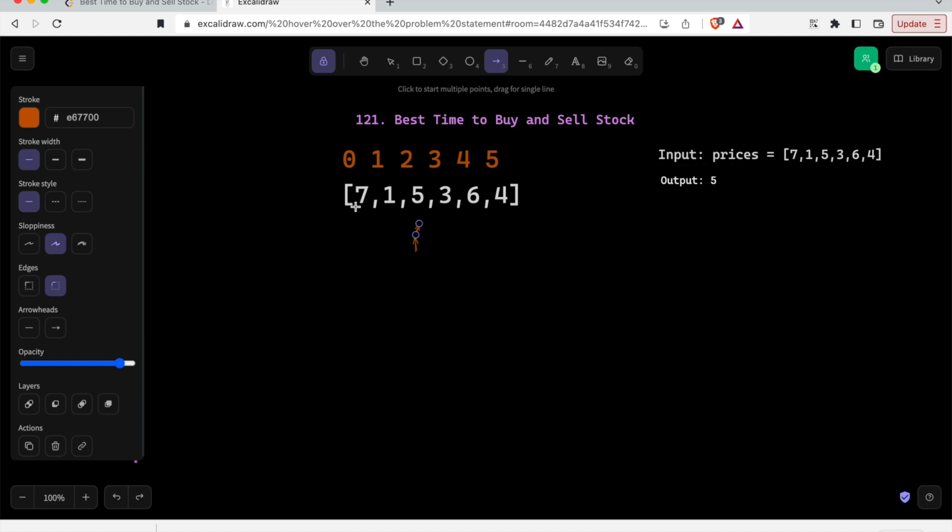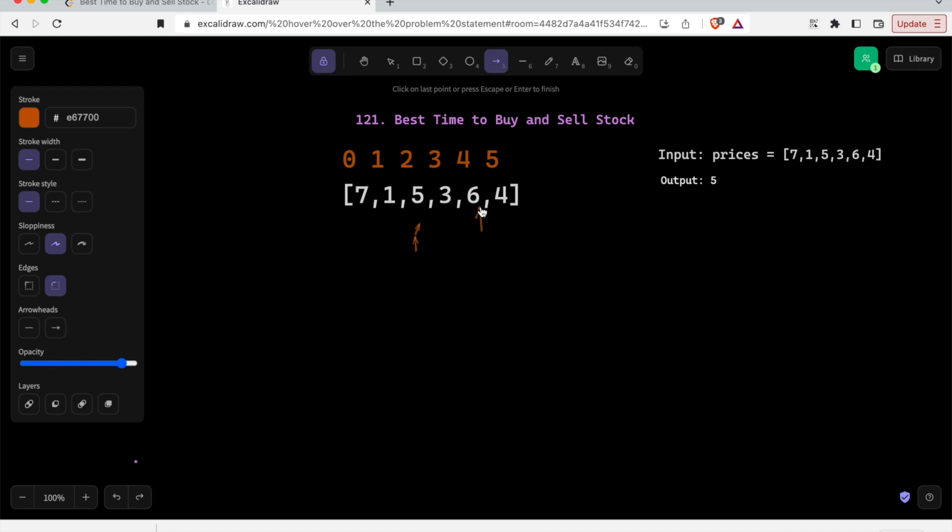Let's say my maximum number is 6 and I sell my stock at 6. At the given point, 6 is my present day where I am selling my stock. Let's look downside from the 6: 3, 4, 3, 2, 1 and the 0th index. What is the minimum value I'm getting?